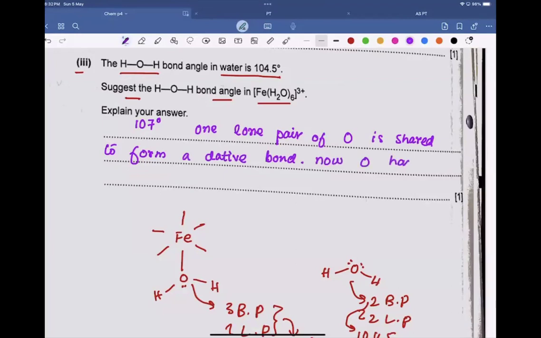Oxygen now has 1 lone pair and 3 bond pairs.